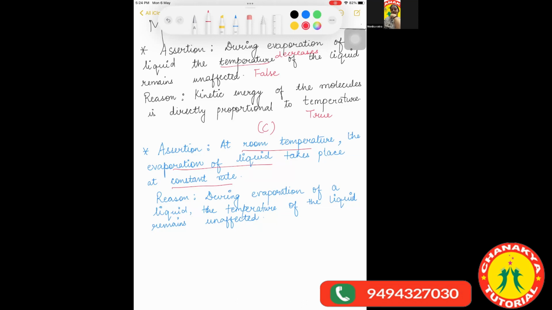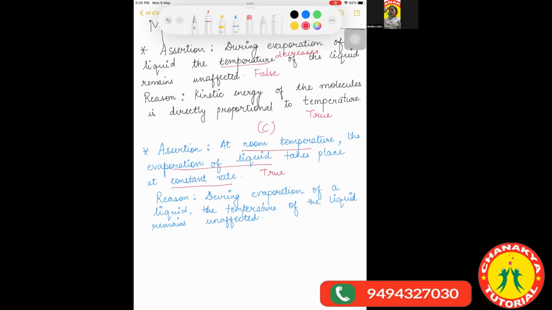Rohit, what do you think? Ma'am, it does not occur at a constant rate. It does occur at a constant rate because at room temperature, whatever factors are affecting it will affect the surface also. If you are increasing the wind speed, or increasing or decreasing any other factor, the rate of evaporation for all the molecules at the surface will remain the same. Okay, so it's true.